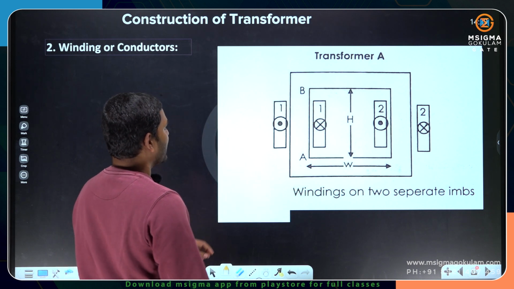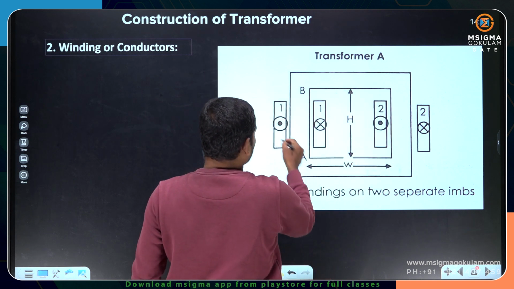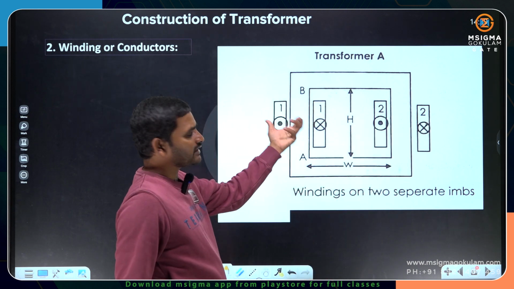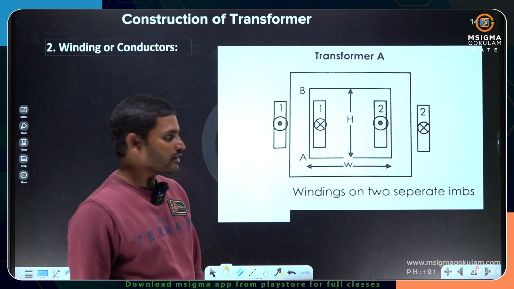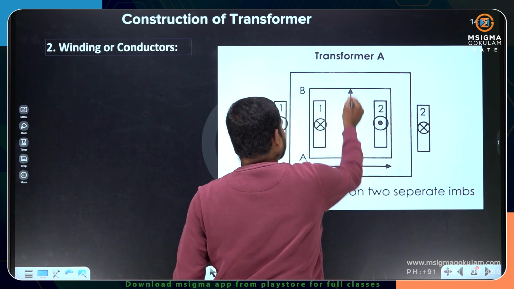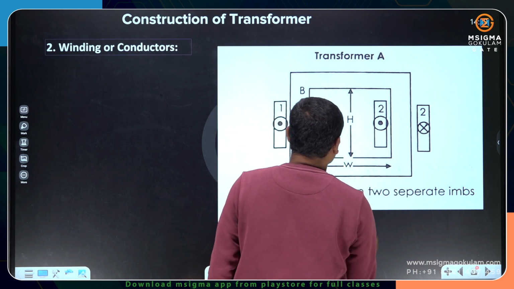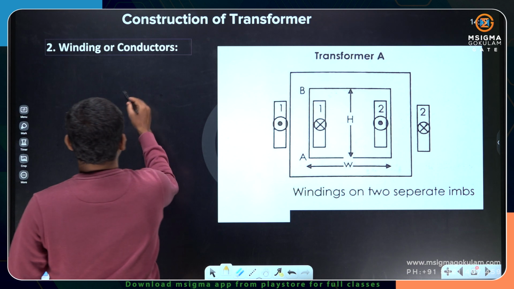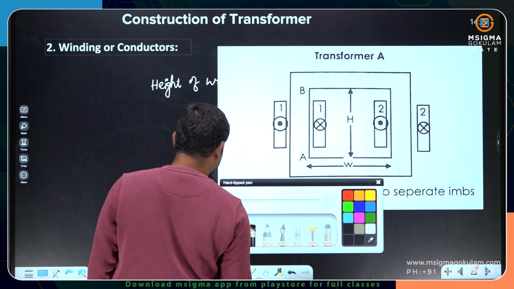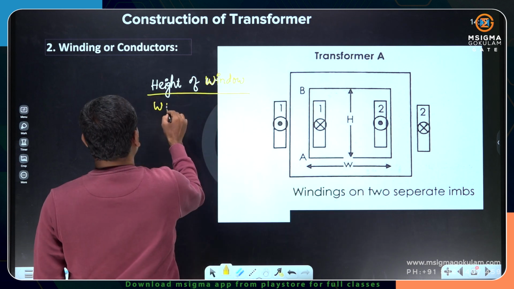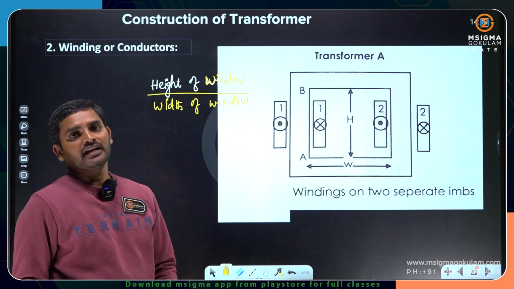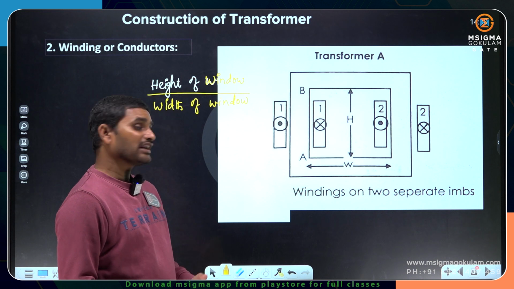You see here, I have a core type construction, and this is completely a high voltage winding and this is completely a low voltage winding. So definitely you get leakage flux lines here. The leakage factor can be defined in another way. H is the height of the window and W is the width of the window. Height of the window divided by width of the window is called the window factor. If window width is more, leakage flux is more.